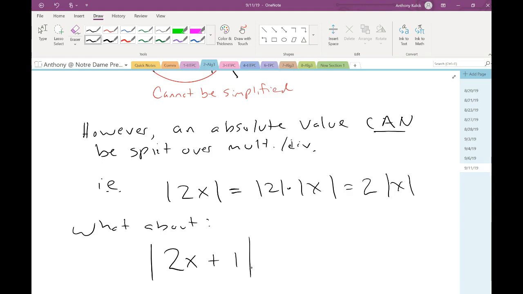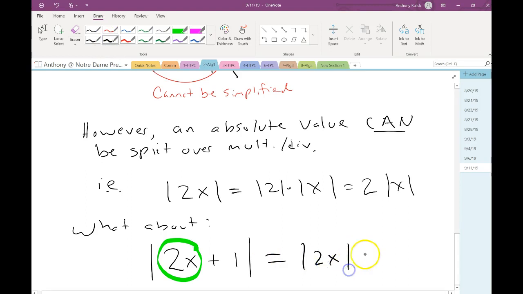I cannot. The reason is that the times 2 applies specifically only to the x. In order to get this to a place where I can break up the x and the 2x, I'd have to do this. Not allowed. Right? Did you guys see that?